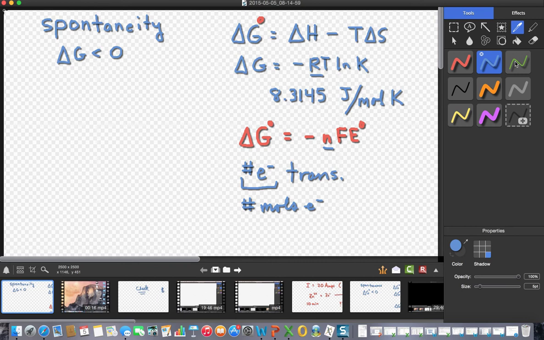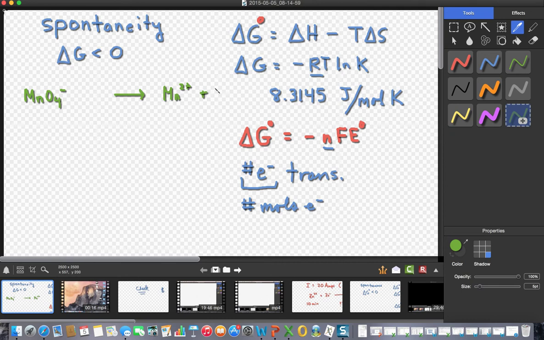Let's consider a process in which I have two half reactions. One is MnO4 minus going to Mn2 plus. Now, in order to balance this equation, I got to balance the number and types of atoms.